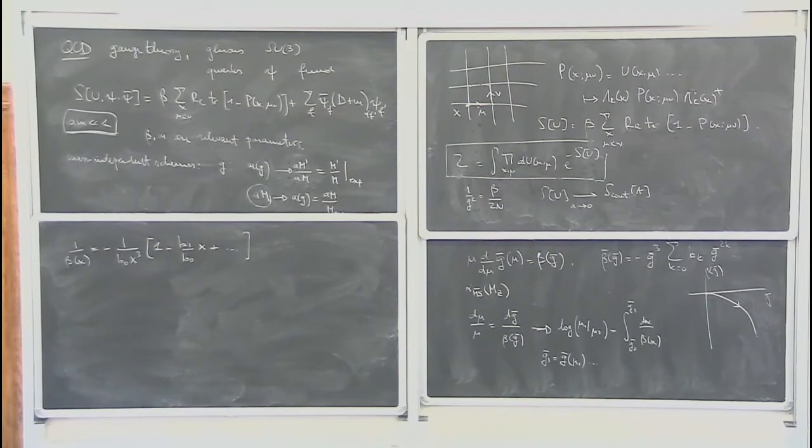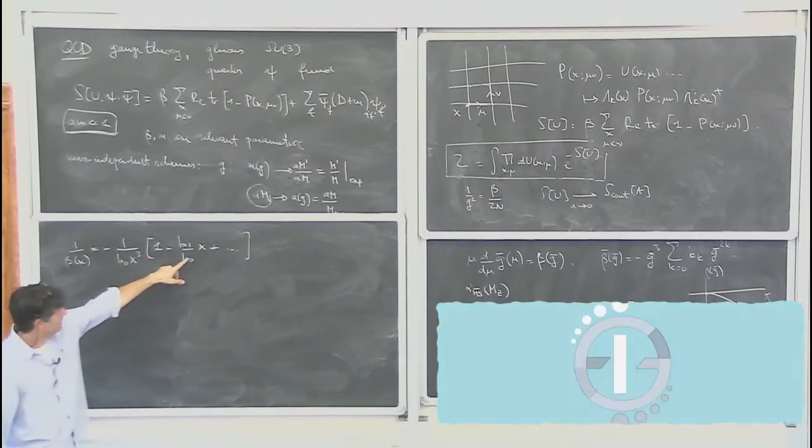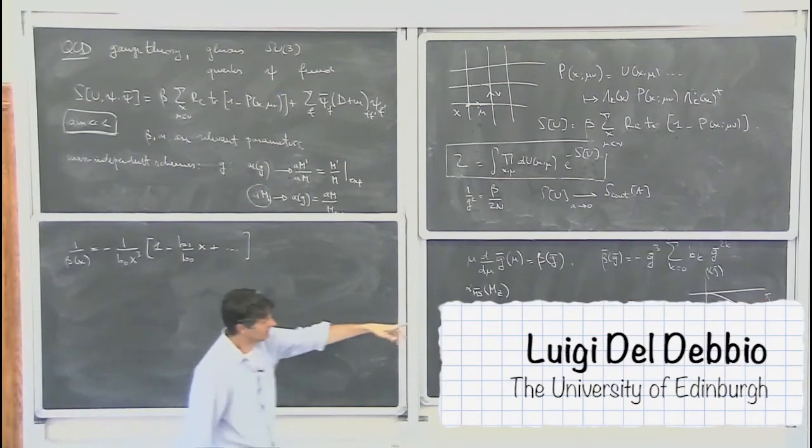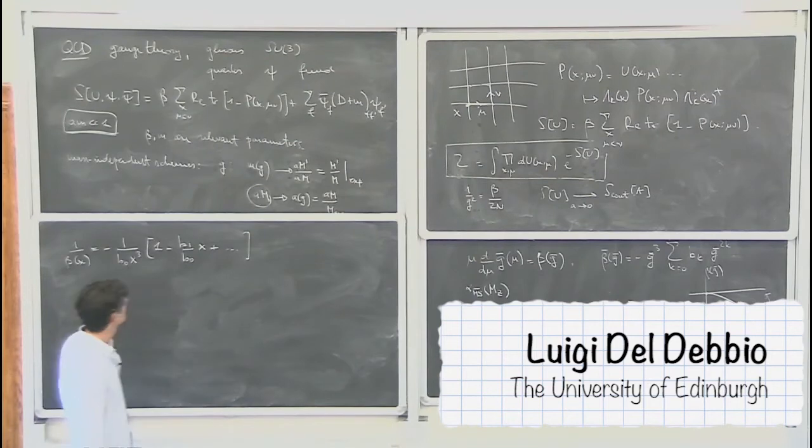Why did I keep the first two terms? Because these are the two terms that are divergent when we go to the origin. This is divergent, and 1 over x is also divergent. When you integrate over x, it gives you a log.